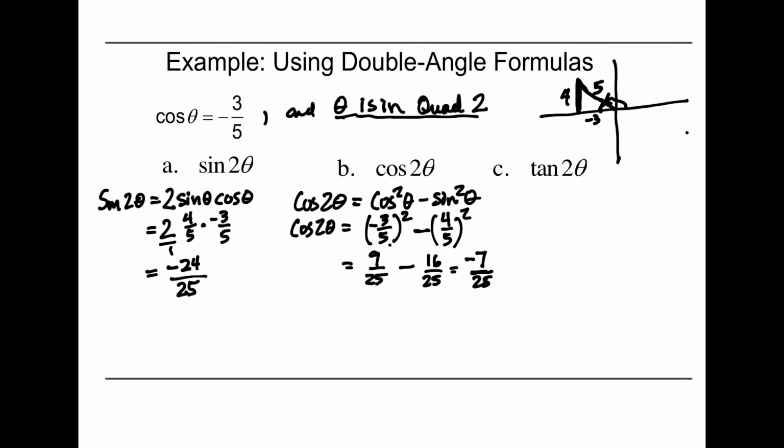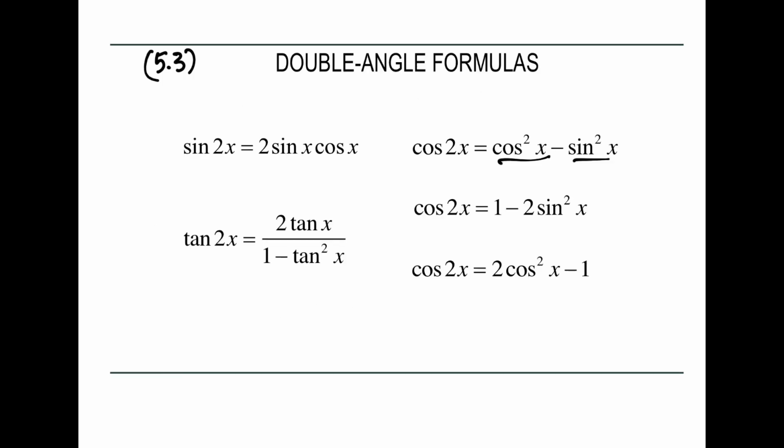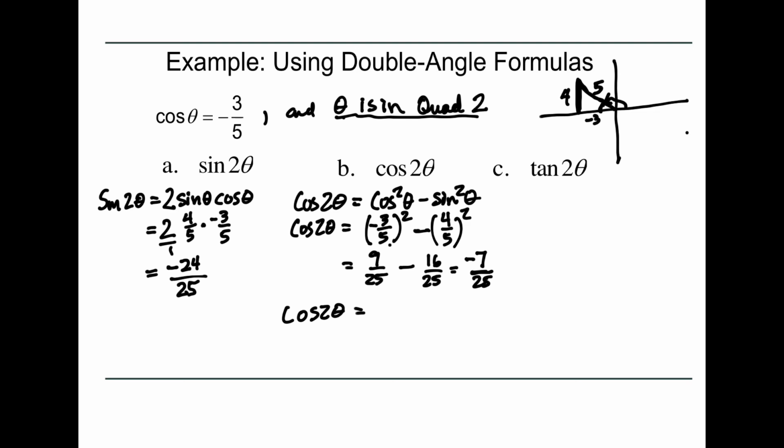Let's maybe try another one with cosine. Since cosine had several of them, let's say we wanted to do cosine 2 theta is equal to, what's the next one down? 1 minus 2 sine squared theta. Let's see what we get.